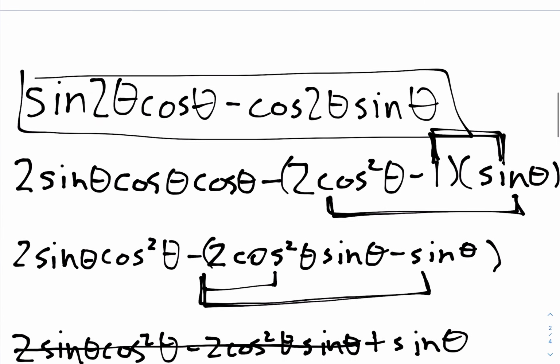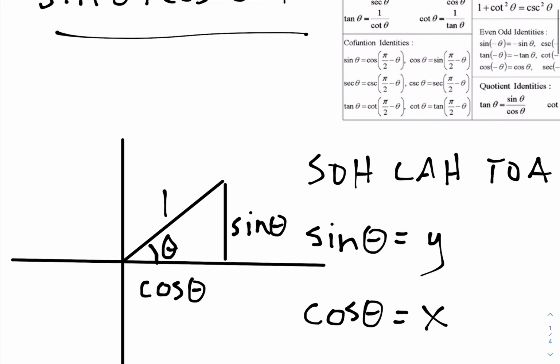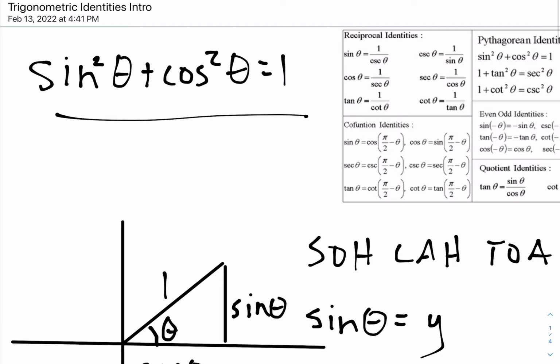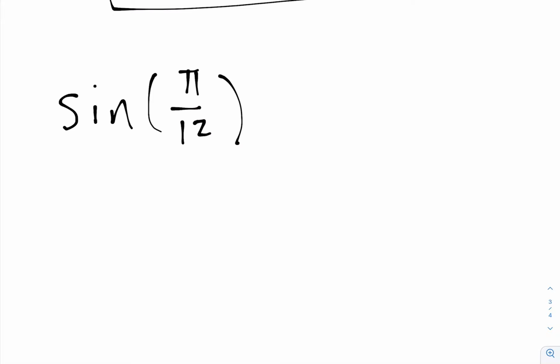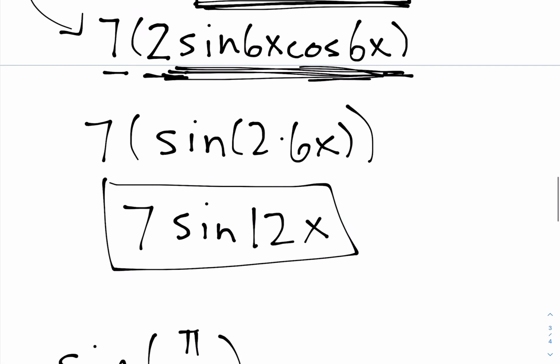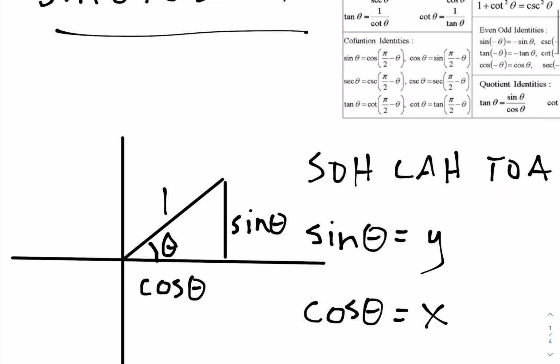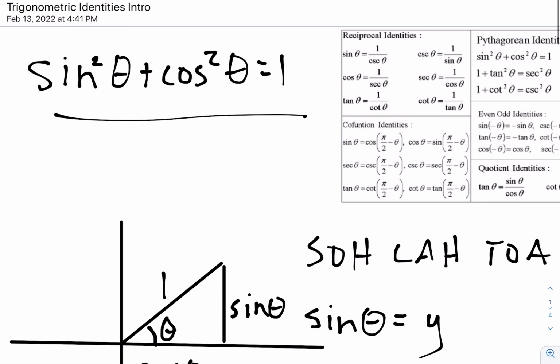So there are too many identities to go over in one video, but that's the basic idea. If you have, like, the sine of pi over 12, right? That's called a sum and difference identity, which I think is on the sheet here.